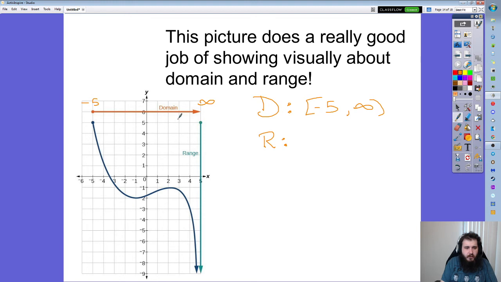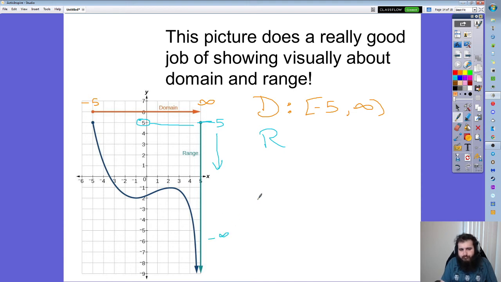Range. It starts at, let me make sure I've got the right color here. There we go. Notice the range, the y value starts at 5, right? And it goes down to -infinity, right?